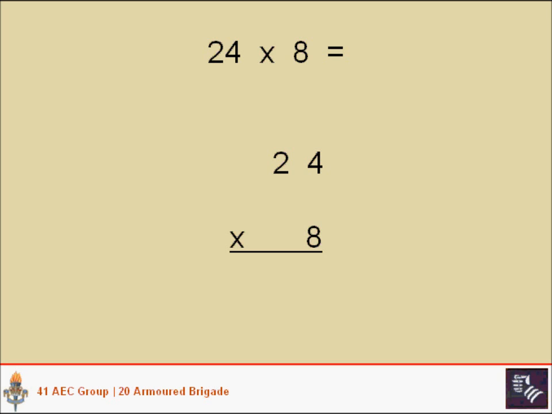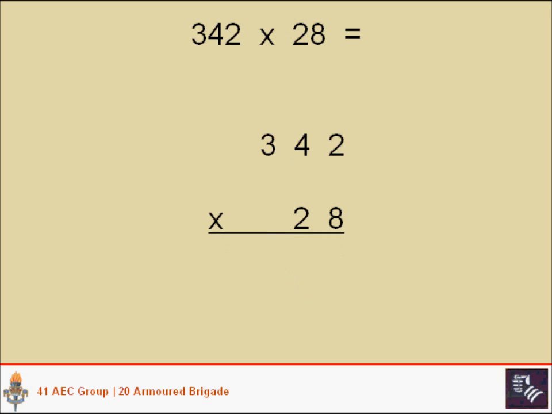Write down 2 in the units column and carry the 3. Now multiply the 2 by 8. 2 times 8 is 16, plus the 3 gives us 19. Write the 9 down and then carry the 1. Our answer is 192.